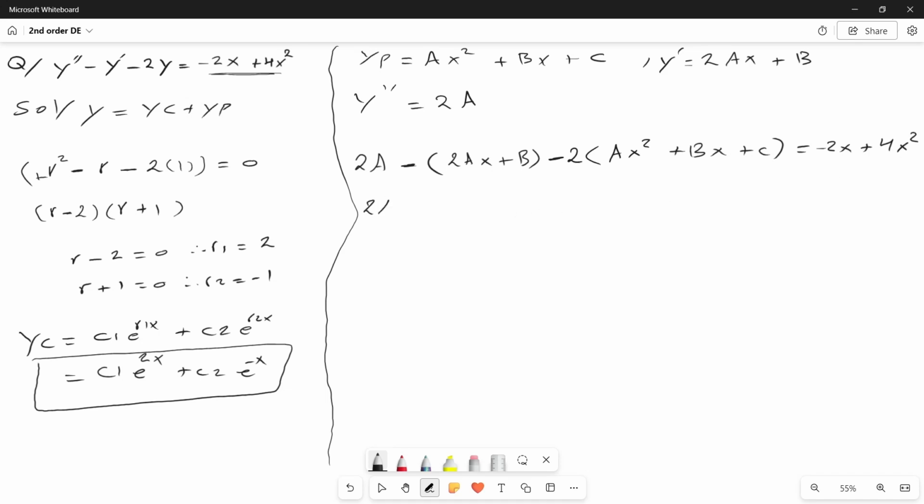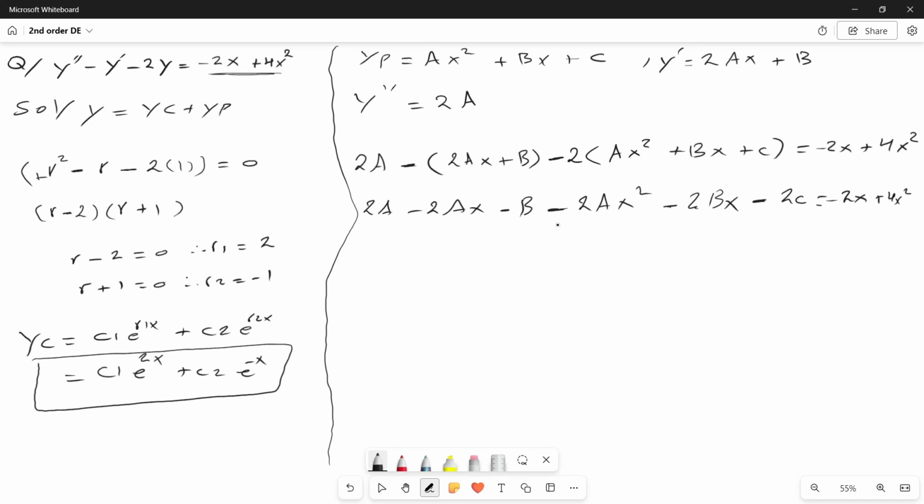Now we have 2a minus 2ax minus b, minus 2ax squared, again, that's minus 2bx minus 2c, is equal to negative 2x plus 4x squared.